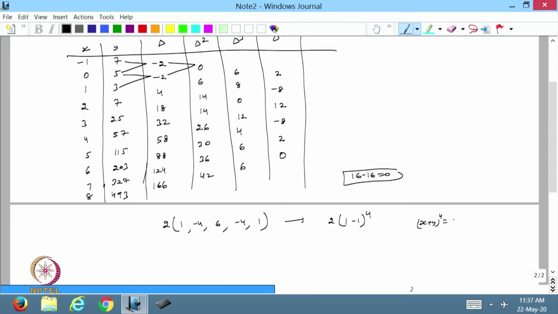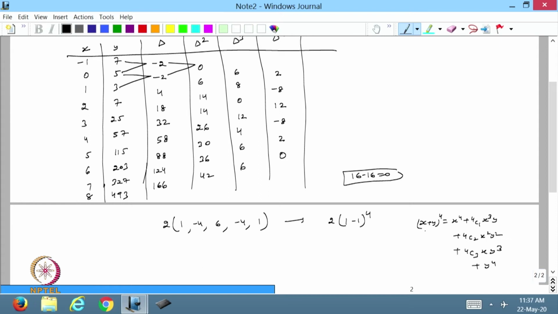So, this is x raised to power 4 plus 4 c1 x cube y plus 4 c2 x square y square plus 4 c3 x y cube, and in the end we will get y 4.